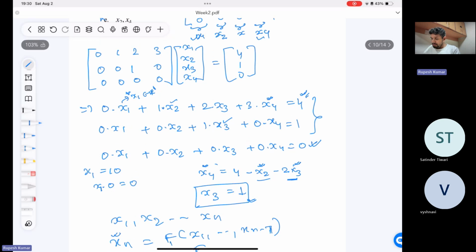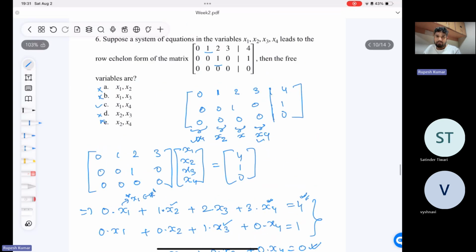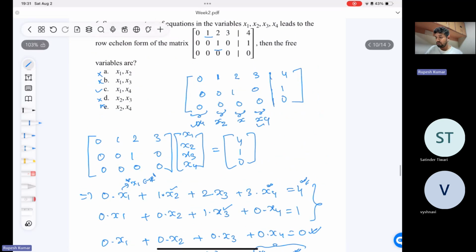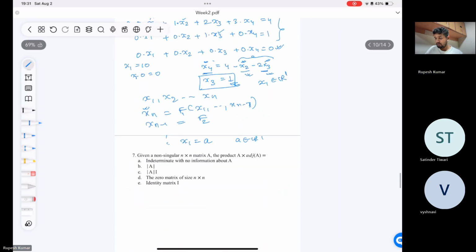In this example, we get no equation for x1, so x1 can be anything. x4 can be written in terms of x2 and x3, and then x2 and x3 have to have fixed values in order to have a fixed solution for this problem. You can't have an arbitrary value of x2, but x4, which depends on x2 and x3, and x1 can work with arbitrary values. So this is the concept of free variables. I hope I was able to make this clear.